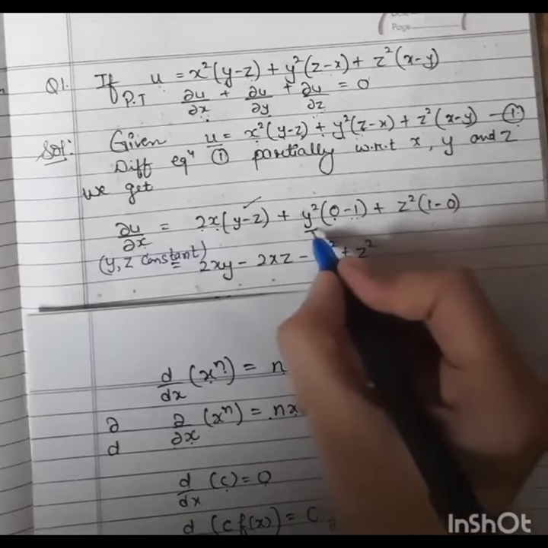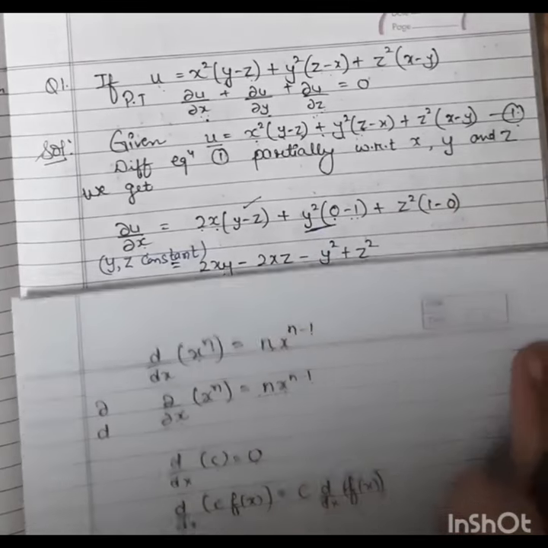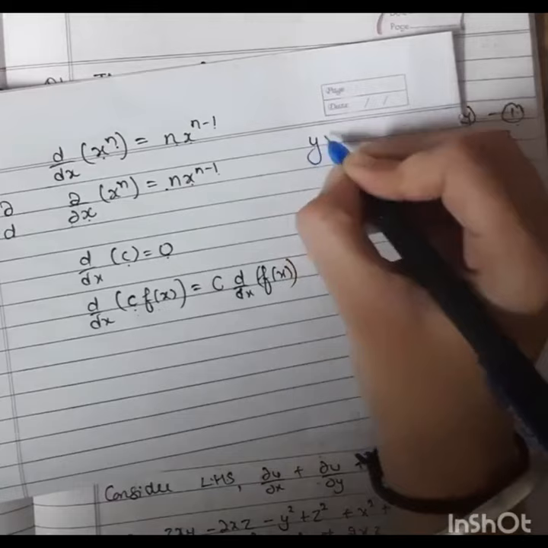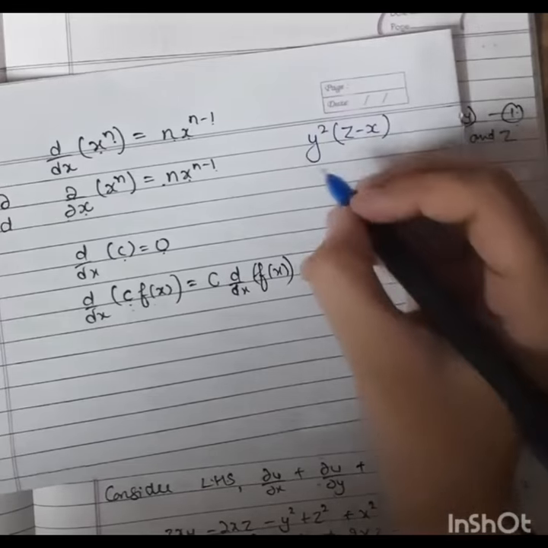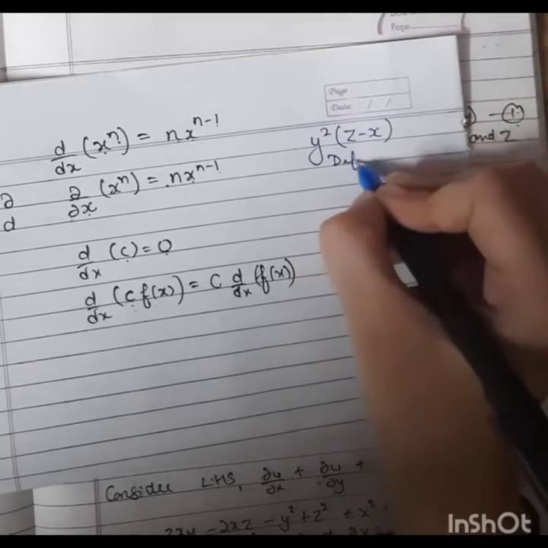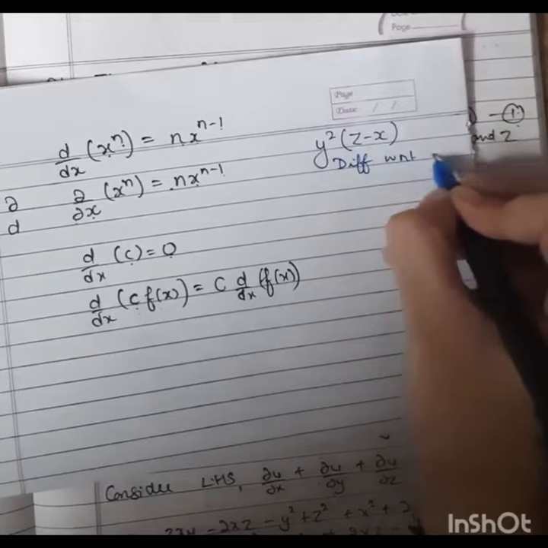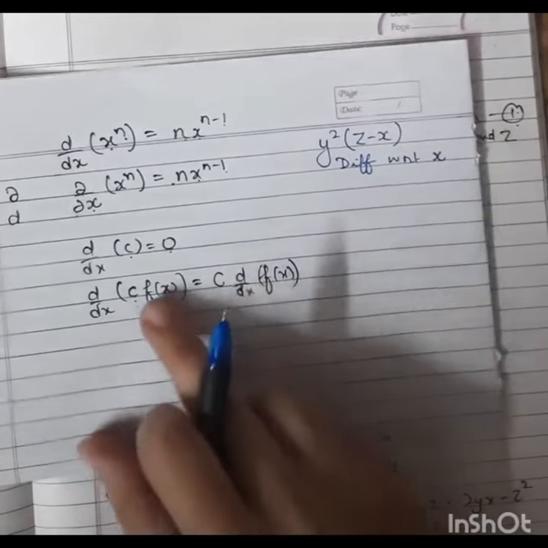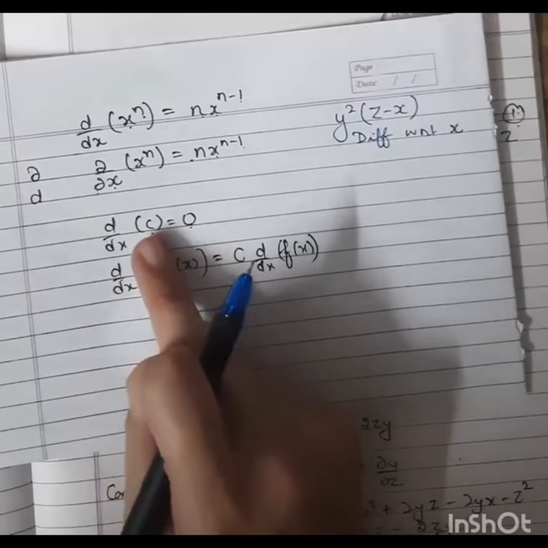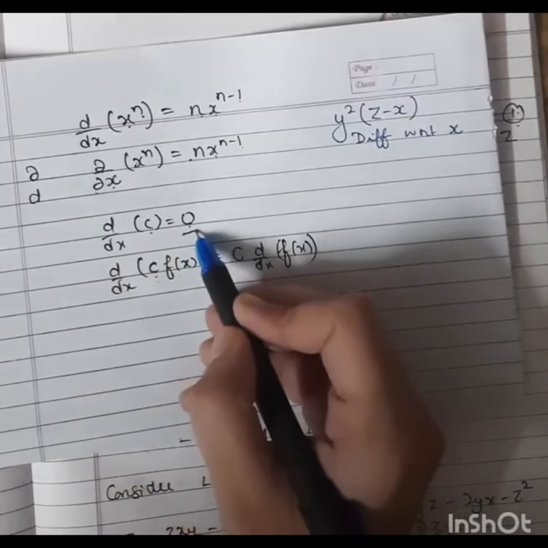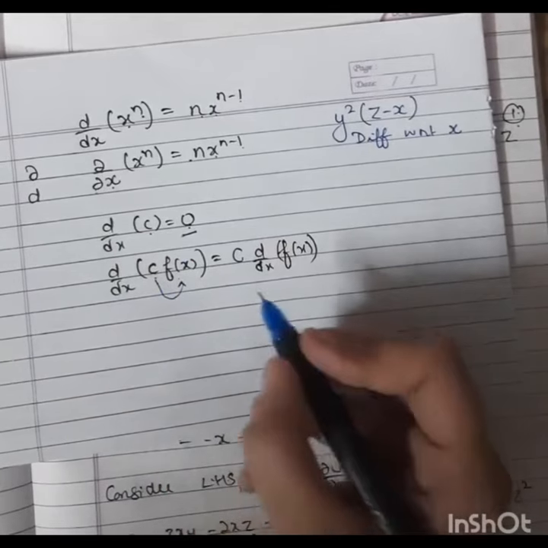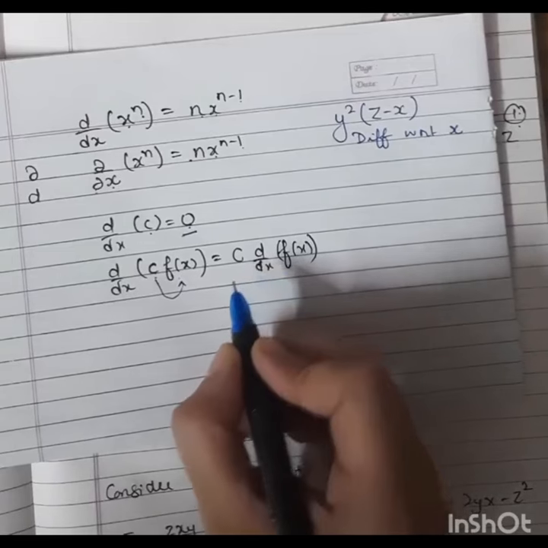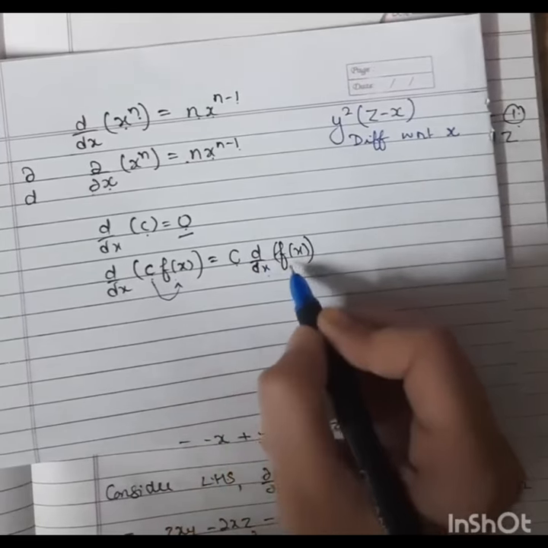See, now this is the confusing point which may confuse you. Let me elaborate it again. We have this term y square z minus x, and we are going to differentiate it partially, obviously, with respect to x. Now I told you the condition that if your constant is alone, this will give you answer 0, but if your constant is multiplied with some function, then it can be considered as c times derivative of f of x.